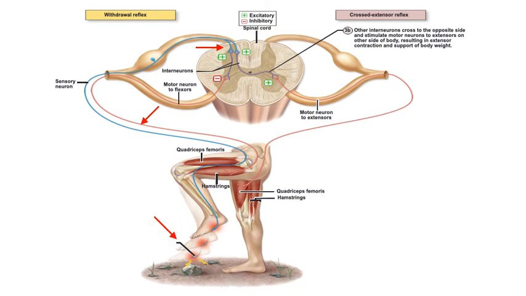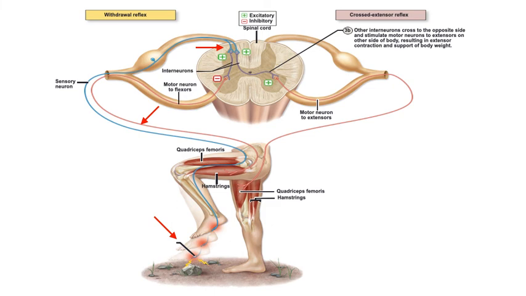Now, if the reflex just involved this, we would probably fall down, because if you quickly lift up your leg without using any other muscles, it's going to throw you off balance. You're going to fall down, maybe land on the rock. So we need a simultaneous response that gets muscles in the other leg involved.